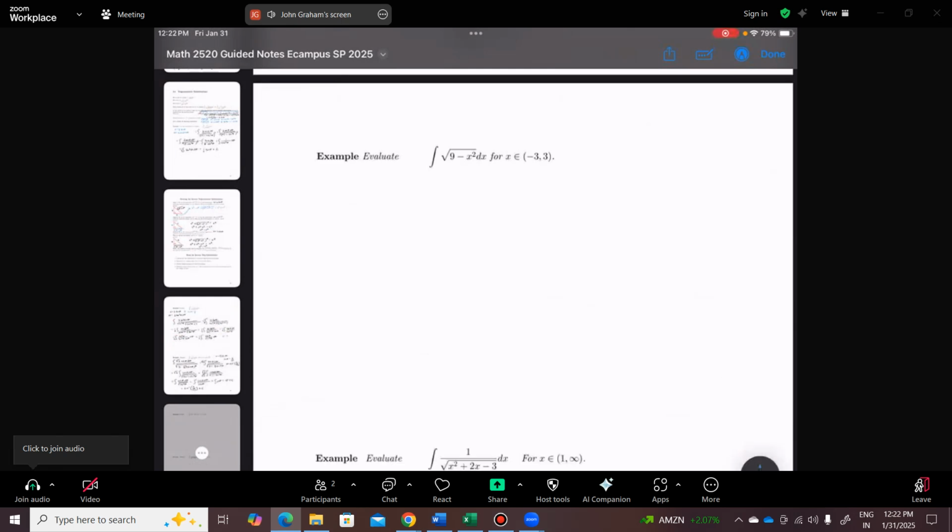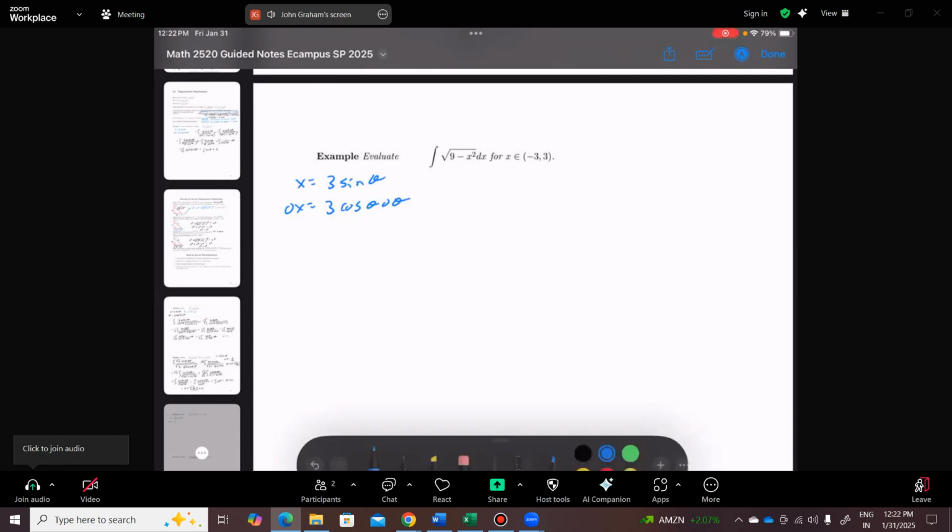Right, so square root of 9 minus x squared dx. We'll let x equal 3 sine theta. dx equals 3 cosine theta d theta, and we will make our substitutions. So we'll have 9 minus, and x is 3 sine, squared, so we'll have 9 sine squared theta.